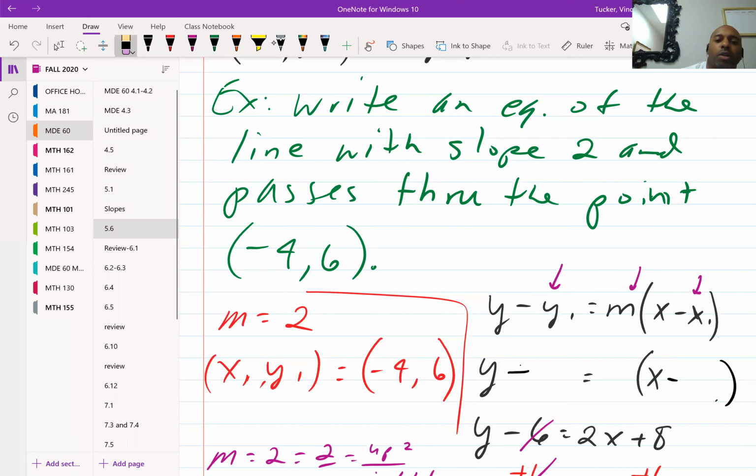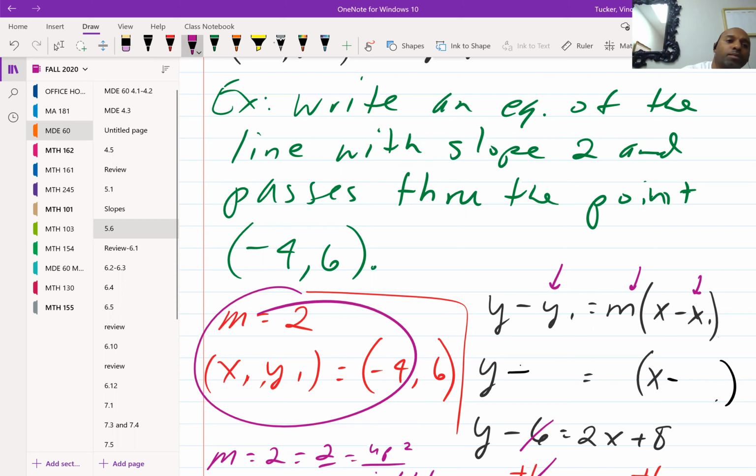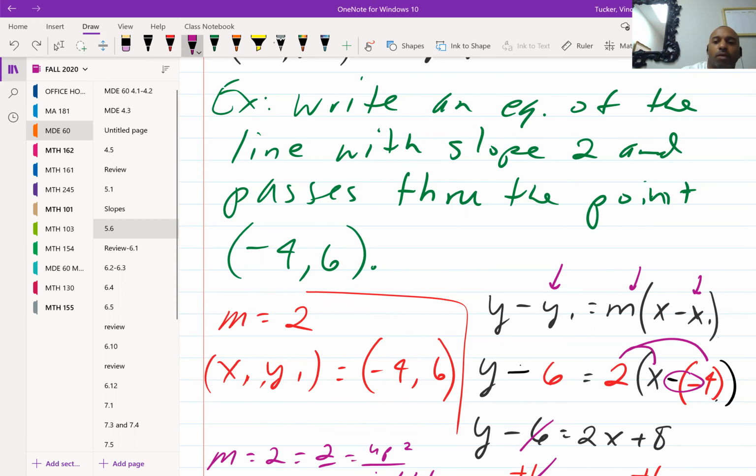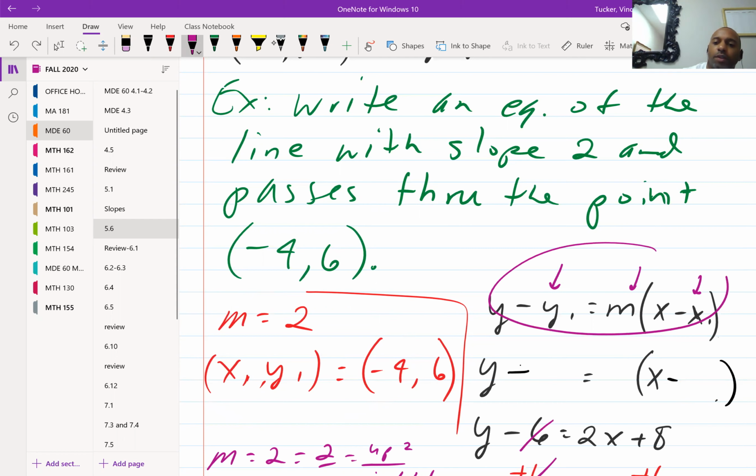All right, so the given information over here, my slope is 2 and my point is -4, 6, so that's going to be x1 and y1. And then over here, you see that we're plugging in for x1, m, and y1.